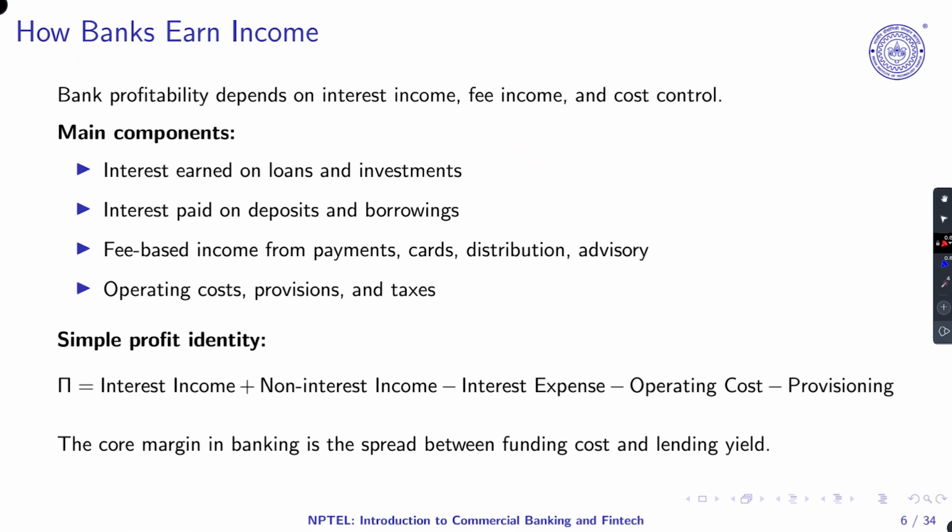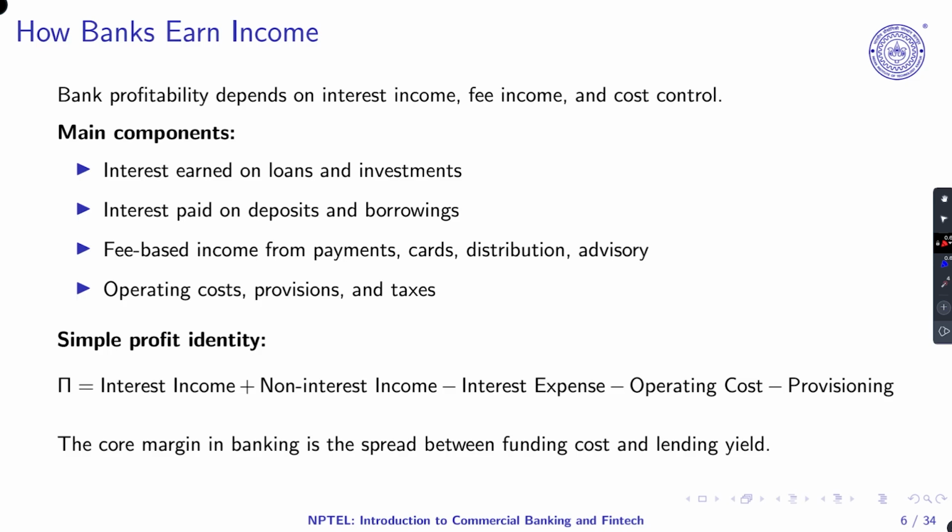And when we discussed the balance sheet, we also focused on different sources of income of a bank. So what were the sources? In terms of bank profitability, one important dimension that we looked at was the interest earned on loans and investments, interest paid on deposits and borrowings, and fee-based income for payments like cards, distribution, and advisory services they provide.